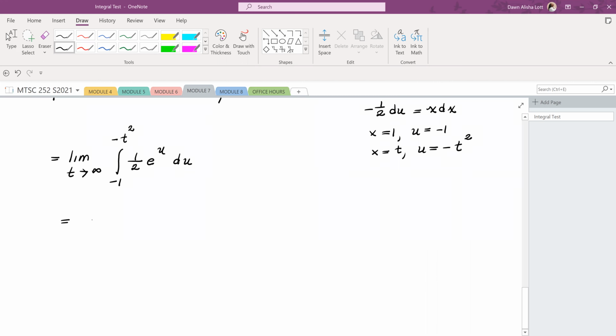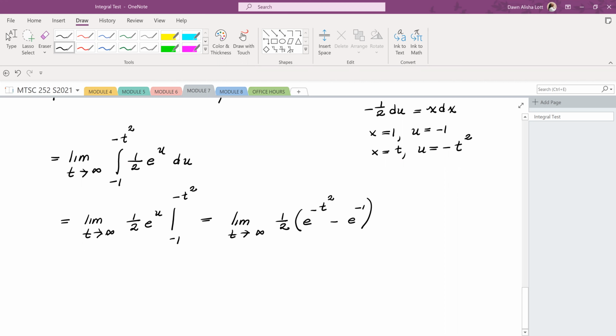So that is the limit as t approaches infinity of 1/2 e to the u evaluated from -1 to negative t squared. That's the limit as t approaches infinity of 1/2 times e to the negative t squared minus e to the -1.